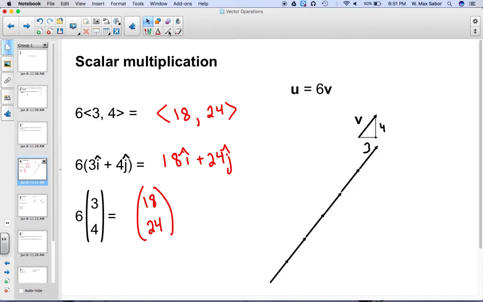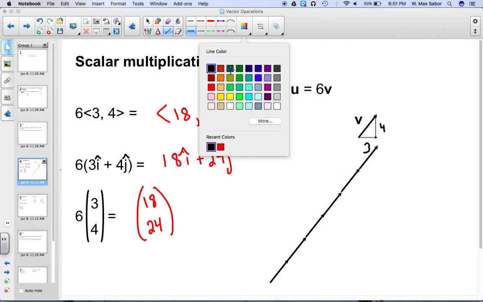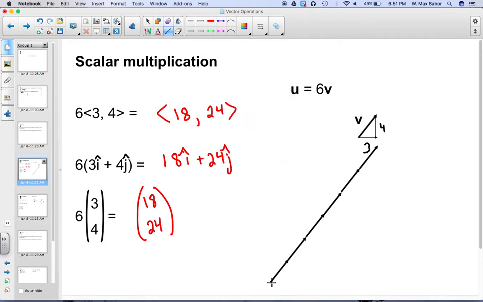So this entire vector, I'm going to make this a different color just so that it's obvious what I'm talking about. From here up to here, this entire vector would represent vector u.